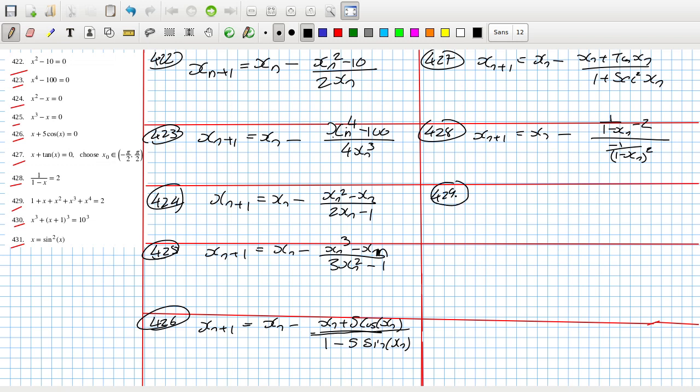429: This is kind of similar to the previous one. And I don't know if they are trying to get us to see that or not.